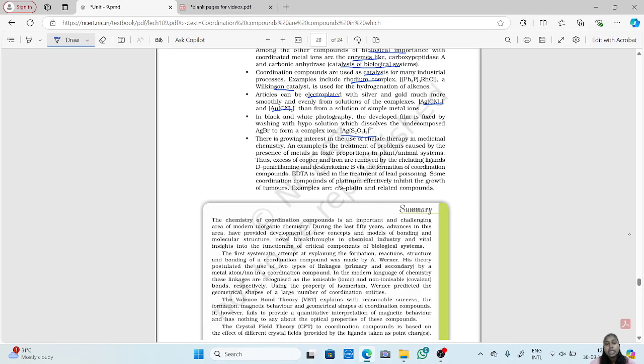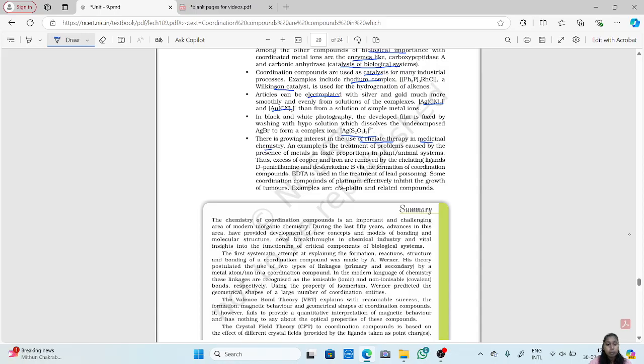Now there is growing interest in the use of chelate therapy in medicinal chemistry. An example is the treatment of problems caused by the presence of metals in toxic proportions in plant and animal systems. When you consume any plant or animal which has toxic metals present in it, those toxic metals will accumulate in your body.